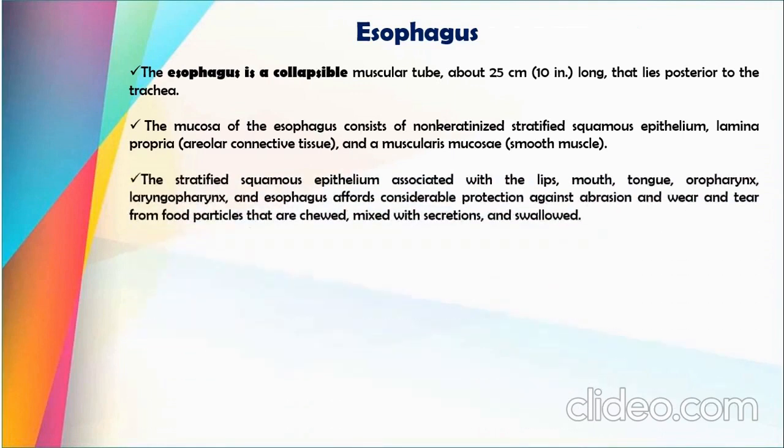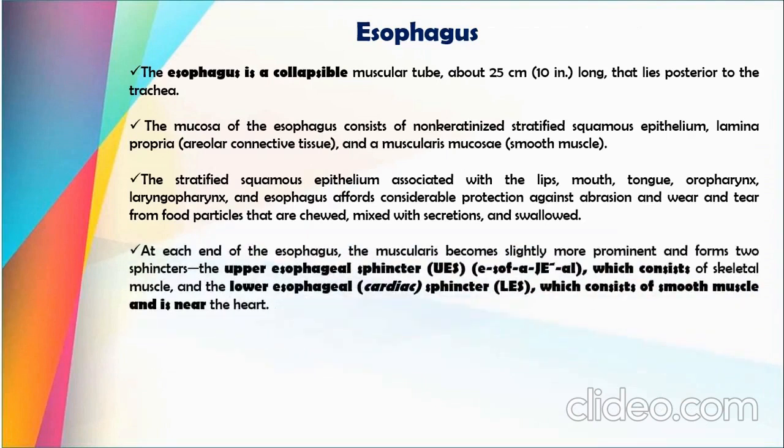The stratified squamous epithelium associated with the lips, mouth, tongue, oropharynx, laryngopharynx, and the esophagus affords considerable protection against abrasion and wear and tear from food particles that are chewed, mixed with secretions, and swallowed.